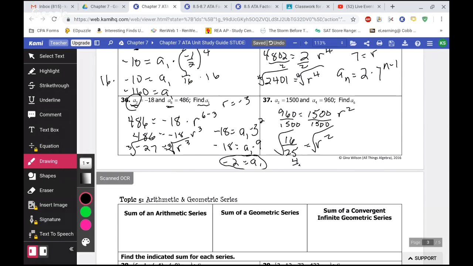I'm going to write that down here too. Thank you. You're welcome. It's 0.64 equals R squared. Did I write it right? Yes. And then 0.8 equals R. All right. So we'll just do that your way to find out what A6 is.